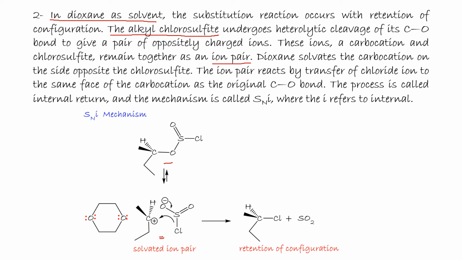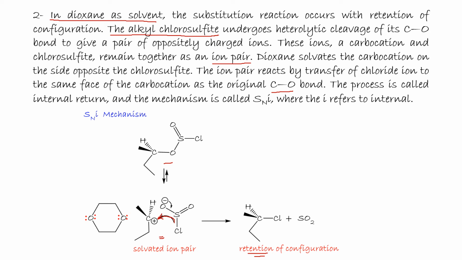The dioxane blocks the backside of the carbocation, so the Cl has to come from the same side to give the chloroalkane with retention of configuration. So the ion pair reacts by transfer of chloride ion to the same face of the carbocation as the original C-O bond.